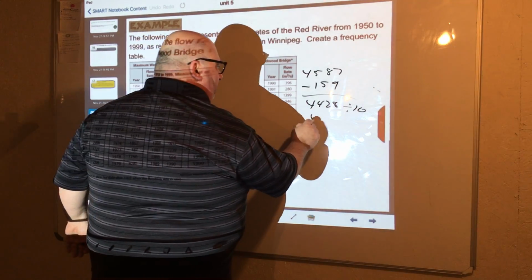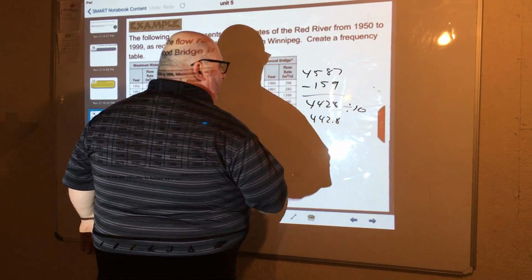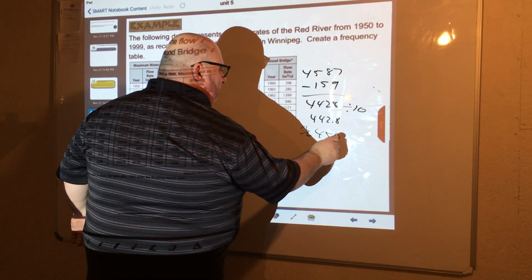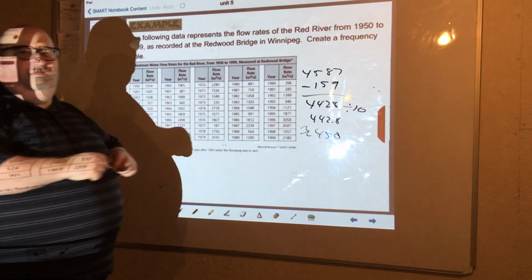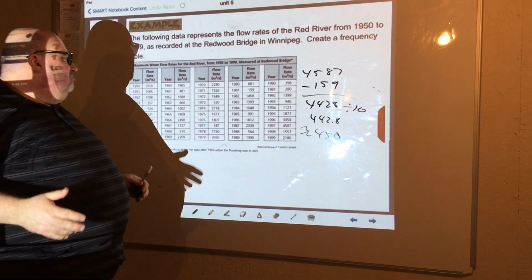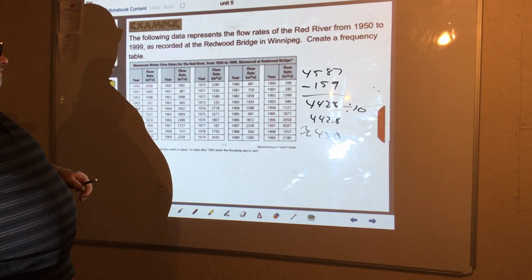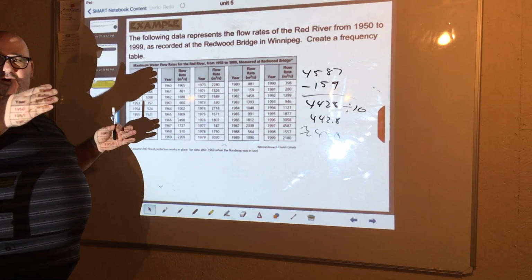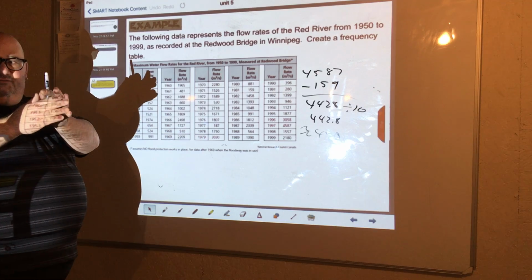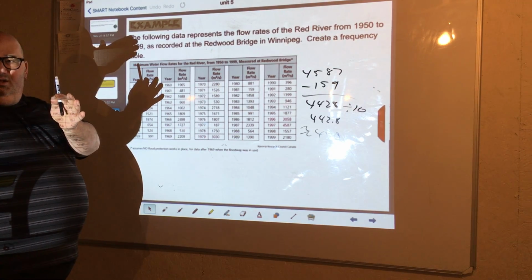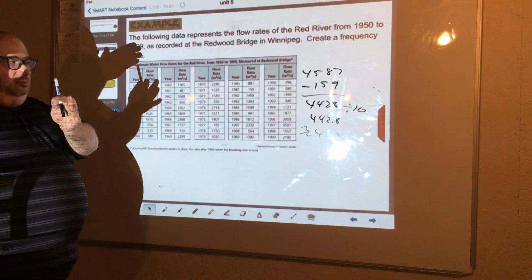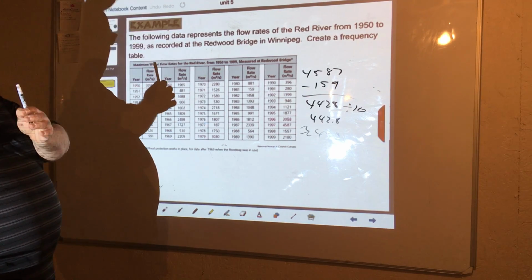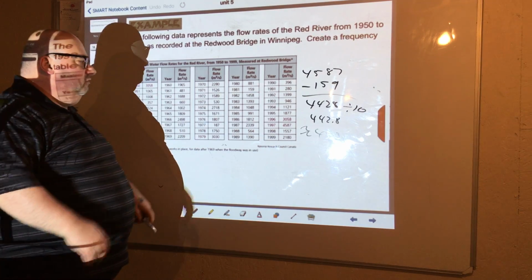That gives us about 442.8, and I'm going to round this off to approximately 450. So this allows us to set up our divisions. We're going to divide our graph from 0 to 450, 450 to 900, because we have 450 plus another 450, and then 900 plus 450 to get the next division, and so on.